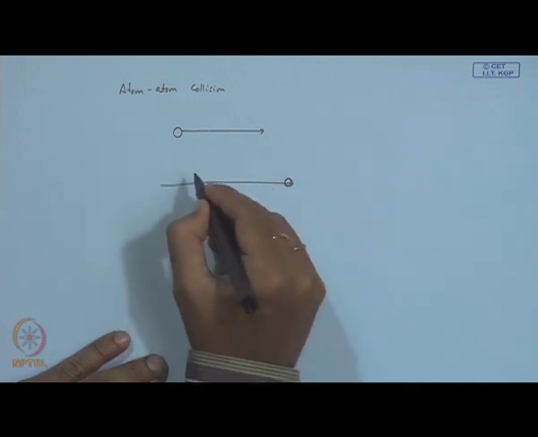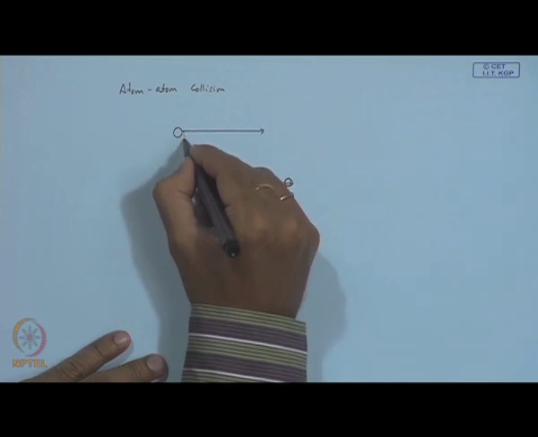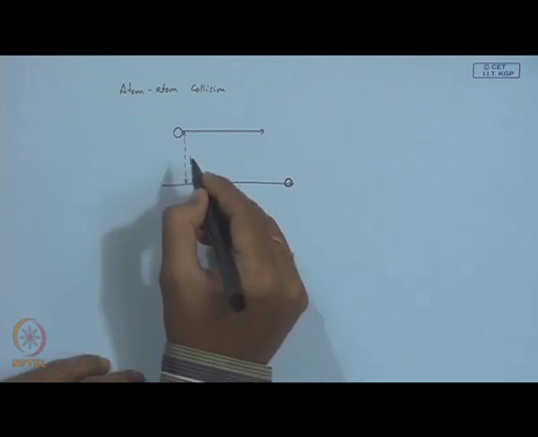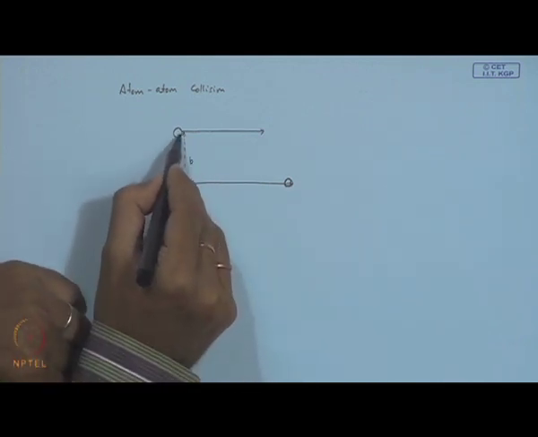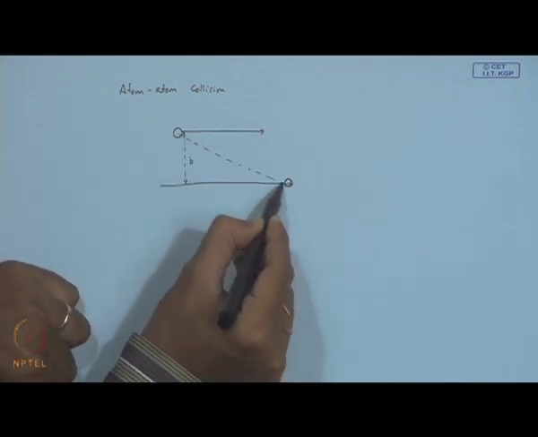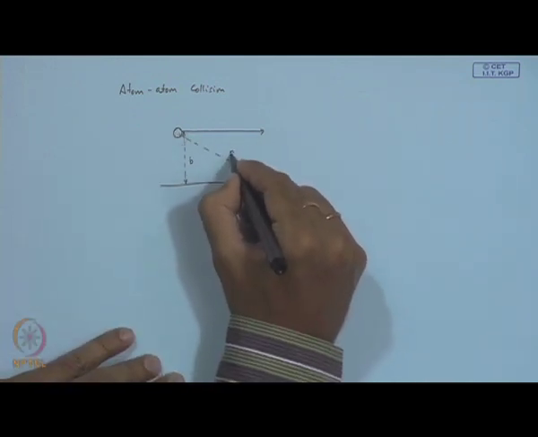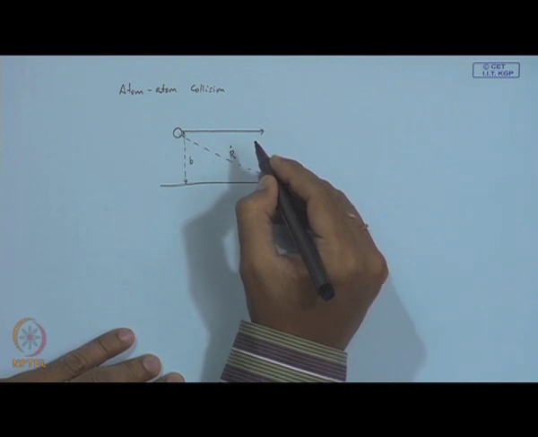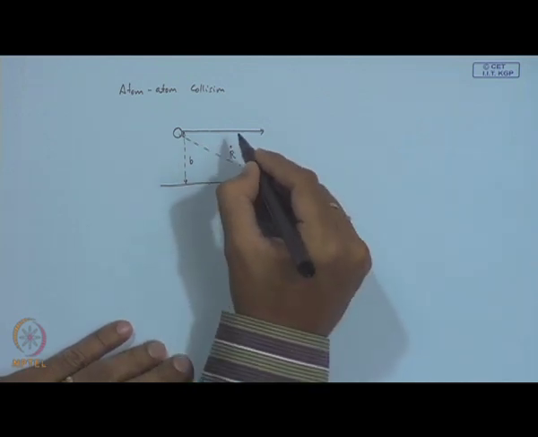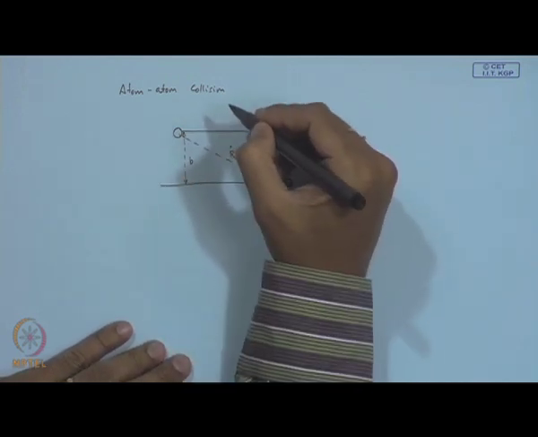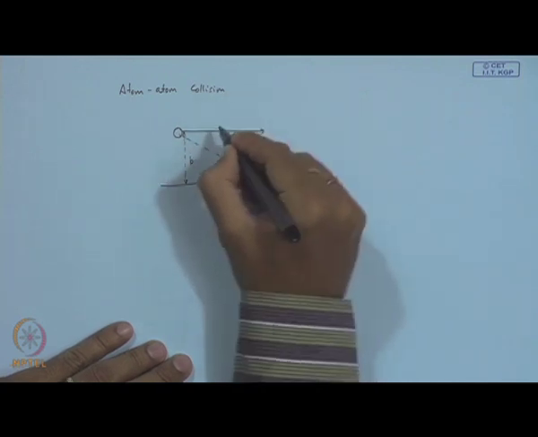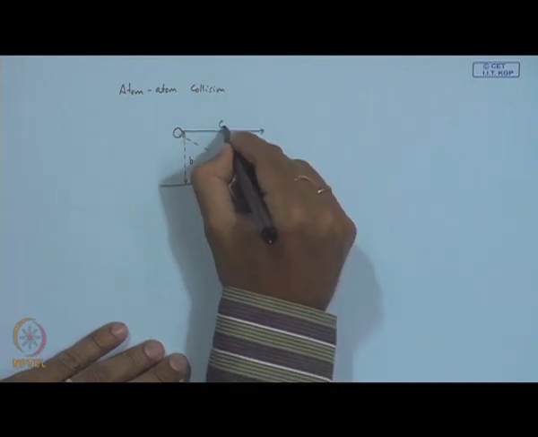So, impact parameter b is this, and this is changing with time because it is moving this way. So, this is your R dot, and say this is your relative velocity.